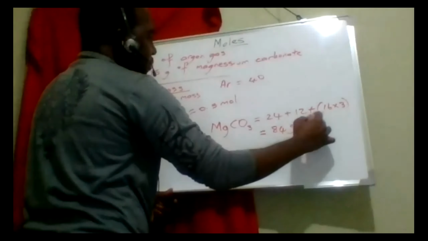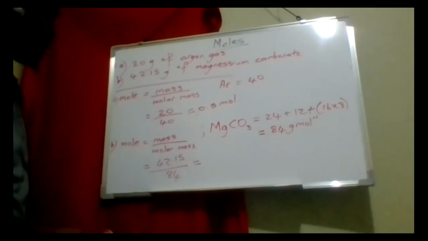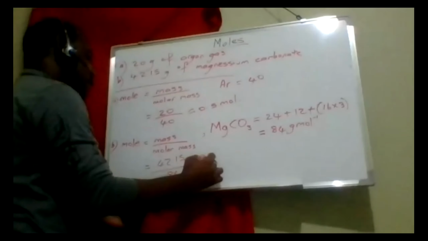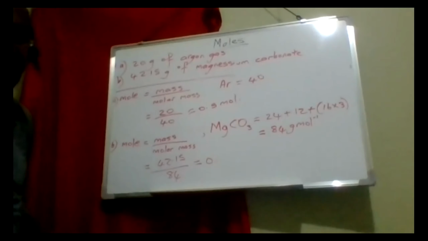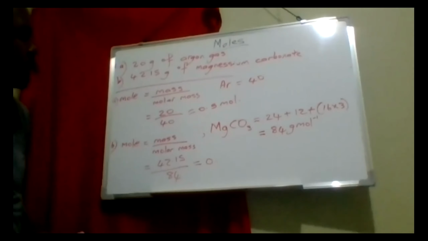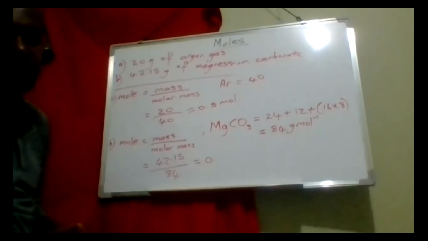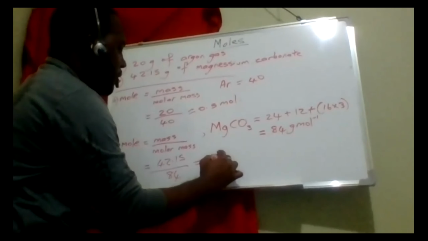The mole here would be 42.15 over 84, and we get 0.502.